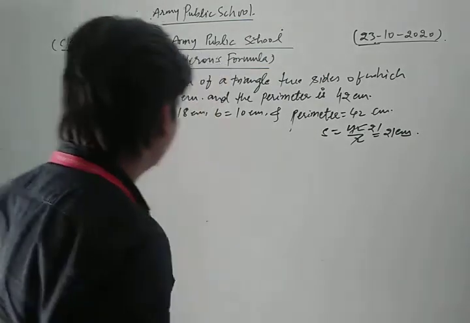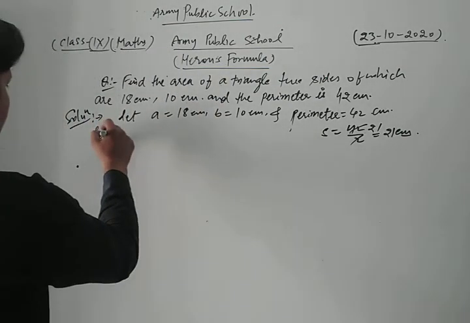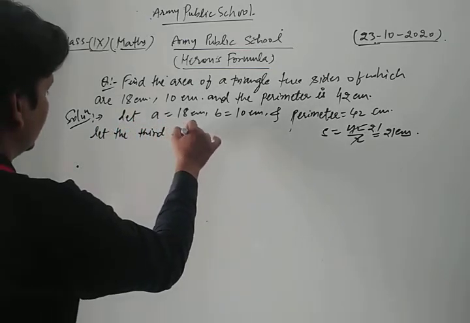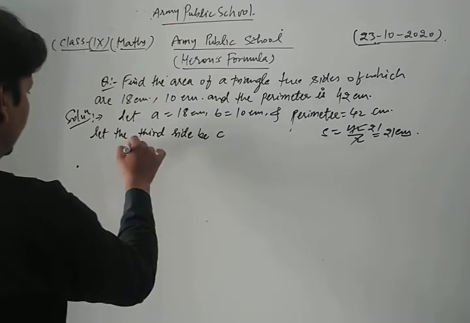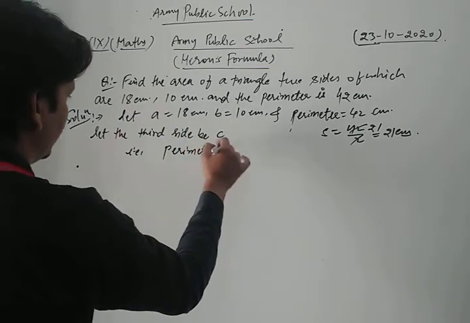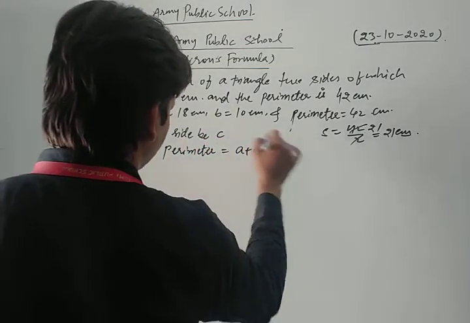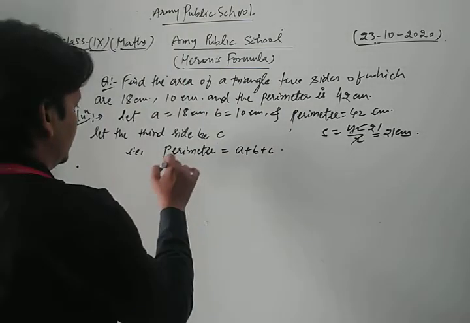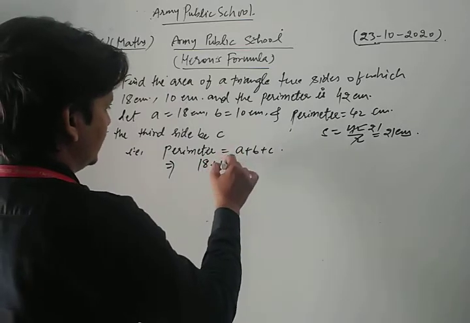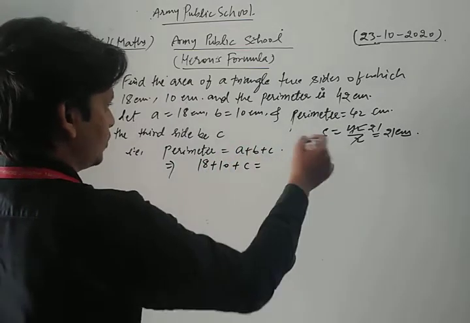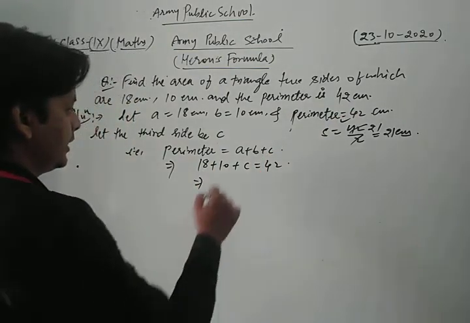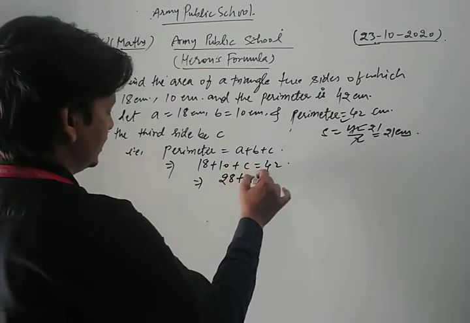Now look, let the third side be C. Then the perimeter is equal to A plus B plus C. Thus we get 18 plus 10 plus C is equal to 42. 18 plus 10 is 28, plus C is equal to 42.